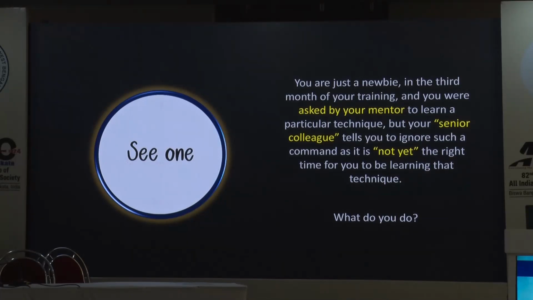So if the system is such that the learning of the junior mentee is dependent on the senior mentee, that means the mentor is irrelevant in that system. Correct. So that's where the organizational problem starts. You are not the right kind of learning organization.